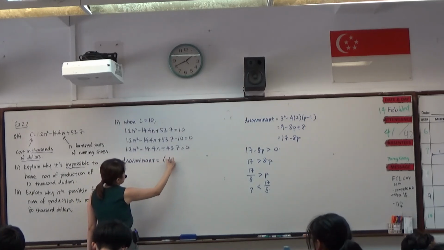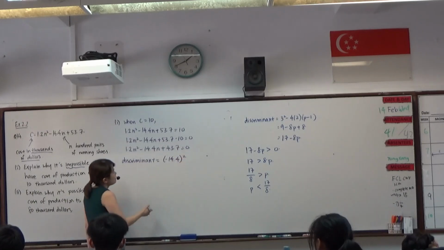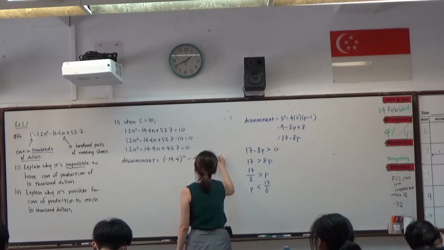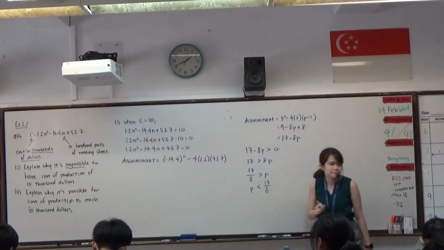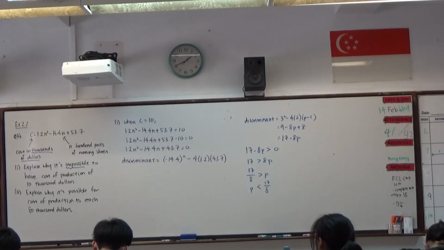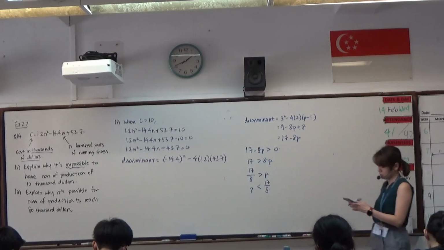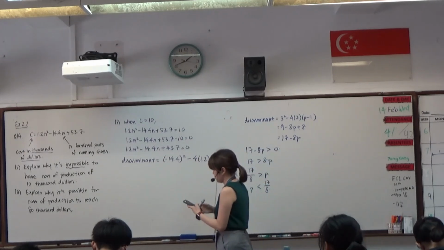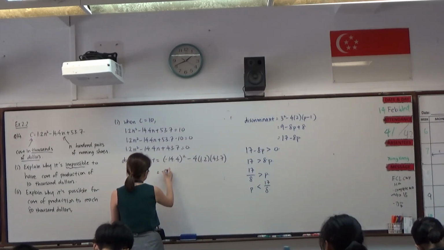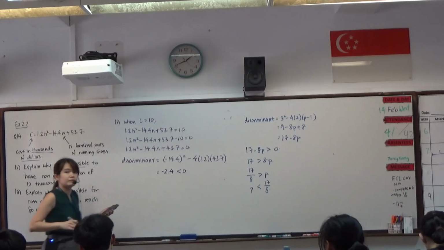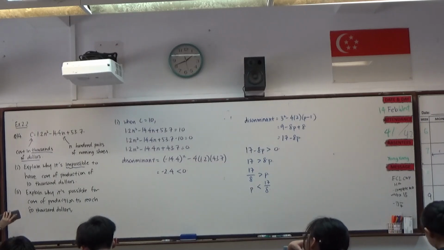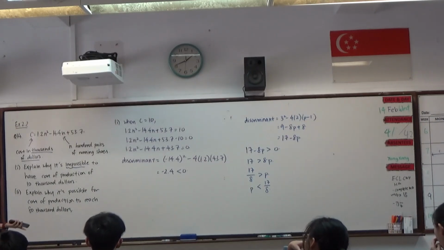So that will be negative 14.4 squared minus 4 times 1.2 times 43.7. The value comes out to be about negative 2.4. So this is less than 0. So it fits the question. Because the question is asking you to explain why it is impossible, so surely you should expect that the discriminant is less than 0.